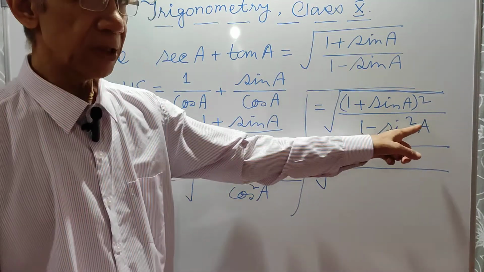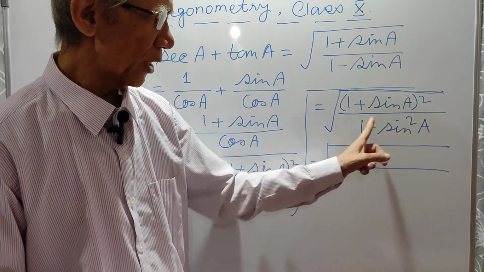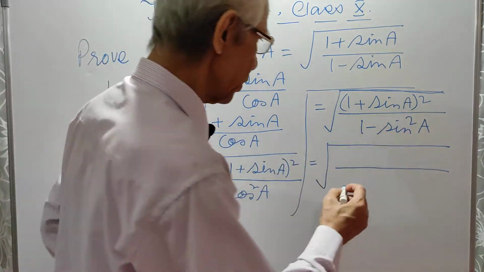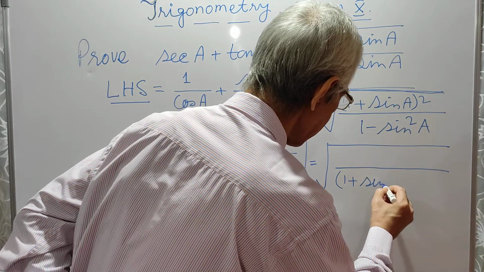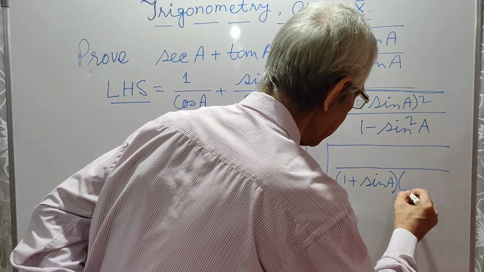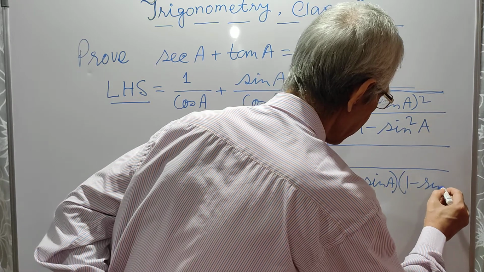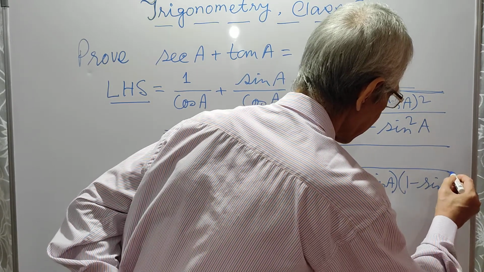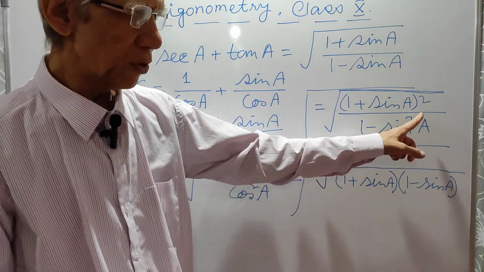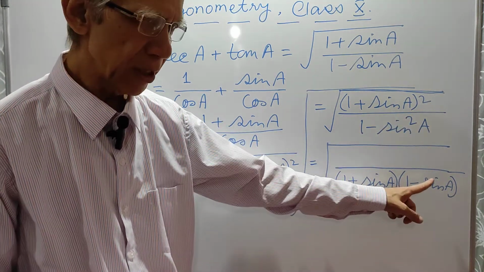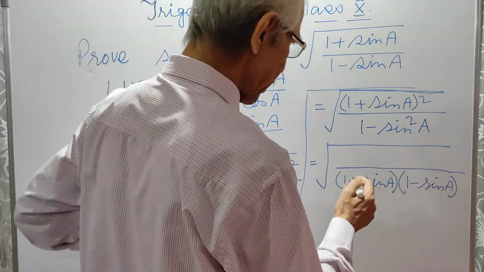Okay. Now A square minus B square formula, 1 minus sine square A, A square minus B square formula we can use. So what we will write? 1 plus sine A into 1 minus sine A. So 1 is 1 square, so A square minus B square formula, A plus B into A minus B. And numerator 1 plus sine A whole square.